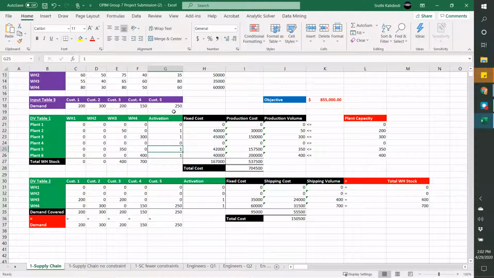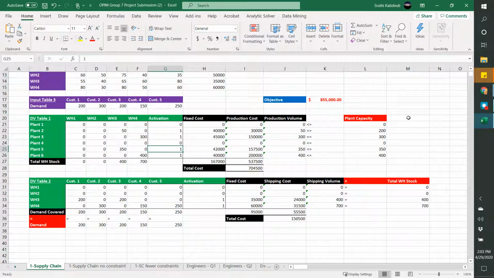And then importantly, there are also the activation variables, which tell if the plant is active or not. One thing I want to mention are also some of these other variables. We have the total warehouse stock, which is the sum of everything in the warehouse, as well as these fixed costs. These are important because we only have to pay these fixed costs if a plant is operational, which is decided by the activation variables.